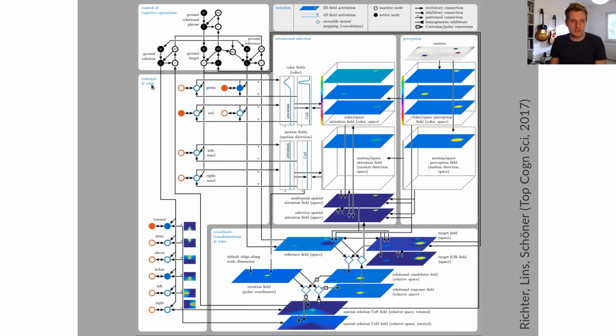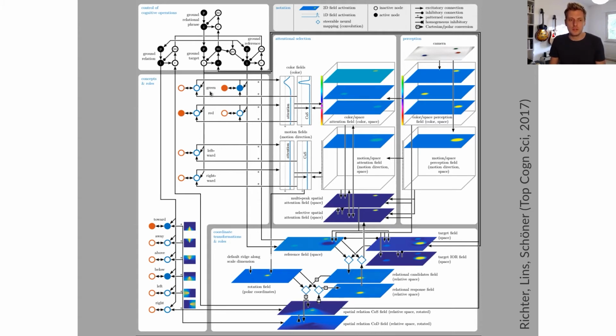And because the colors can appear in these different roles, that also has to be represented. And you can see here that the color nodes for green and for red, there's more which aren't shown, appear in both the target and the reference position. So there are copies of these concepts. We only have target and reference. We believe there could be a handful of these roles, but not many more.